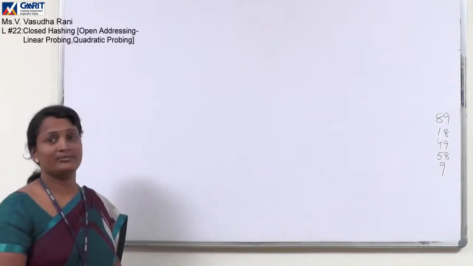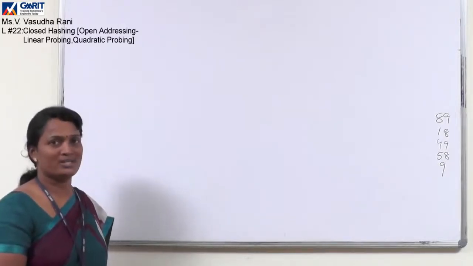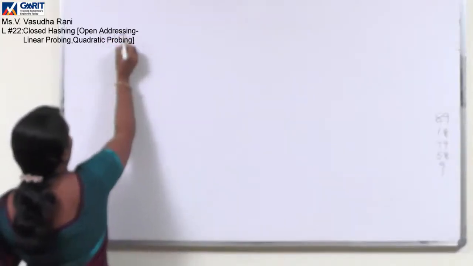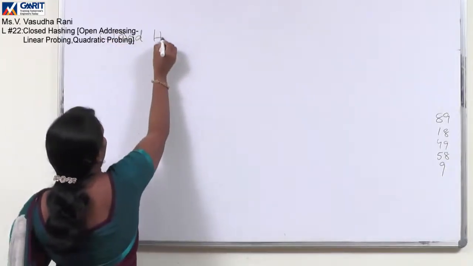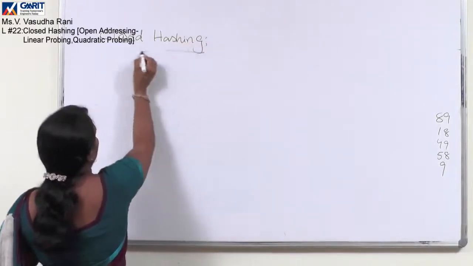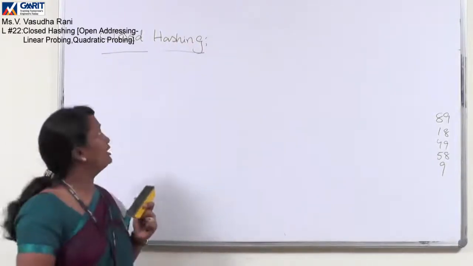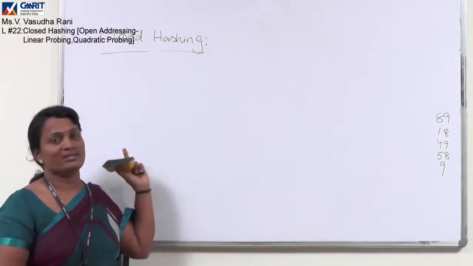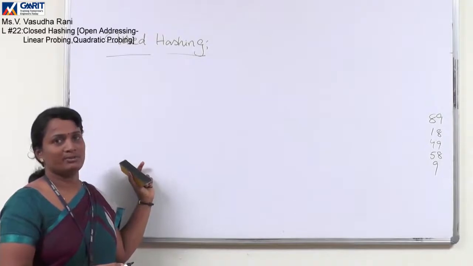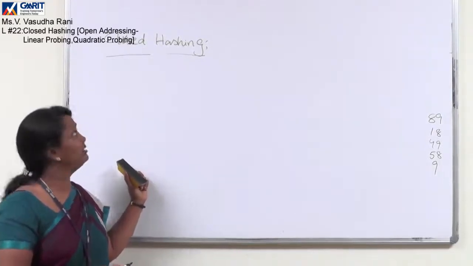Now let's see some of the techniques that come under closed hashing. As we already know, closed hashing is one of the solutions for collision resolution which happens in hash tables.